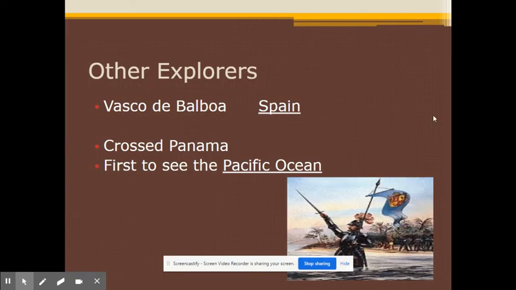Next line. Following the same route of Columbus across the Atlantic Ocean, Vasco de Balboa, sailing for Spain. Make sure you write Spain right there after his name.